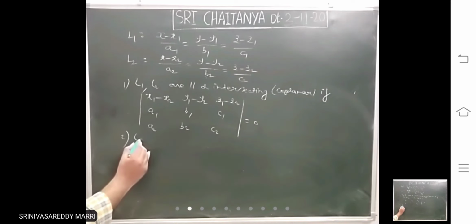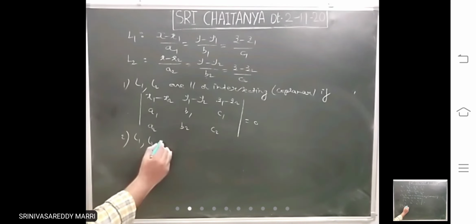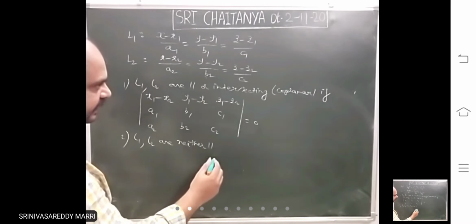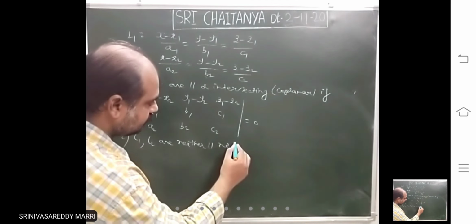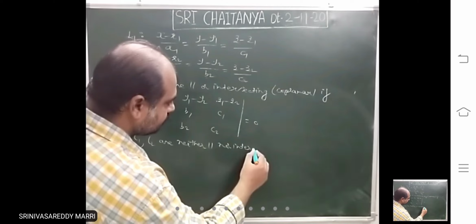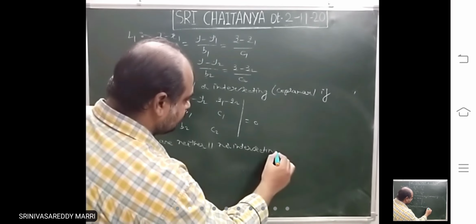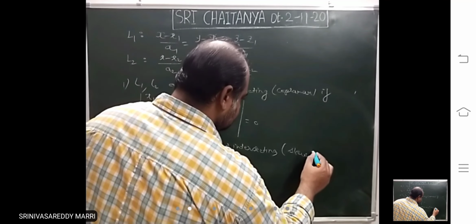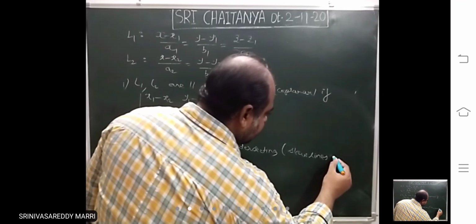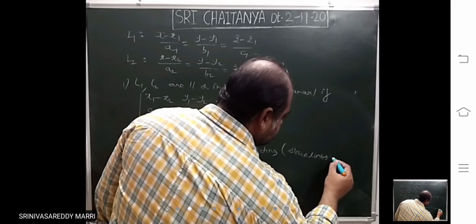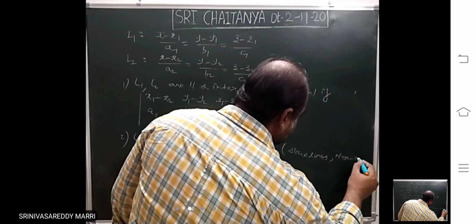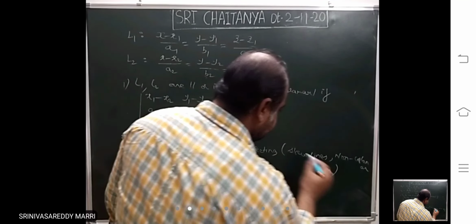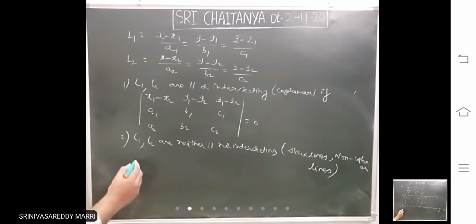Number 2, L1 and L2 are neither parallel nor intersecting. Not intersecting means skew lines, non-coplanar lines.